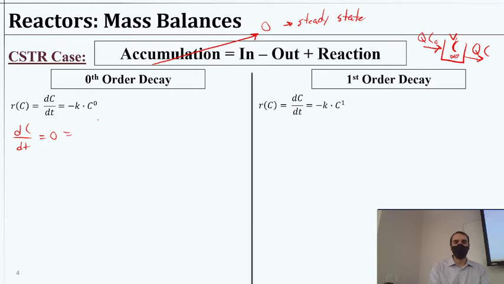And that's going to be equal to what's coming in, QC0, minus what's going out, QC, plus whatever reaction we have going on. That's going to be our reaction term right here. Okay? So plus minus K times 1, because C to the 0 power is 1, right? So I'll just leave that as minus K.